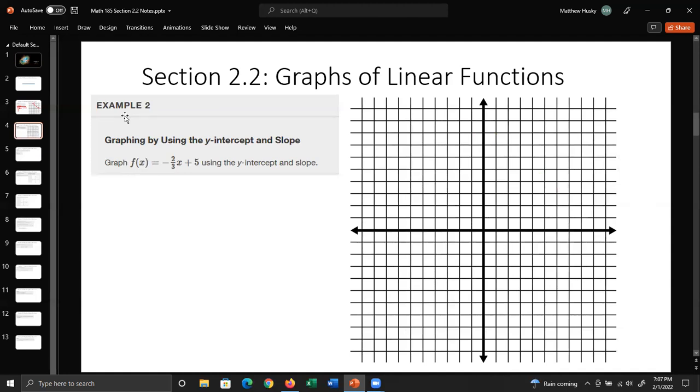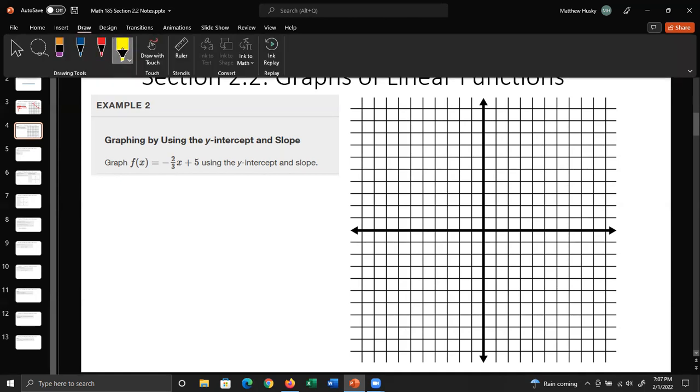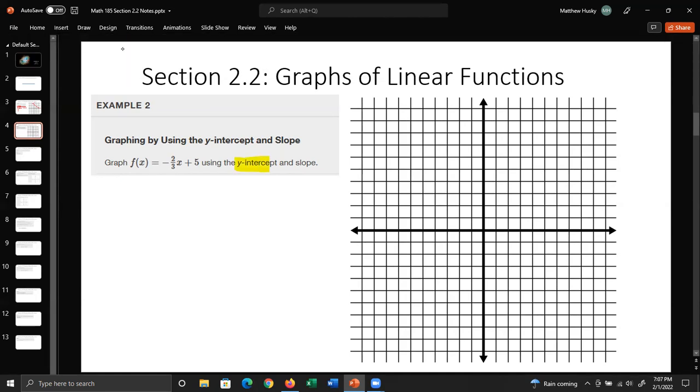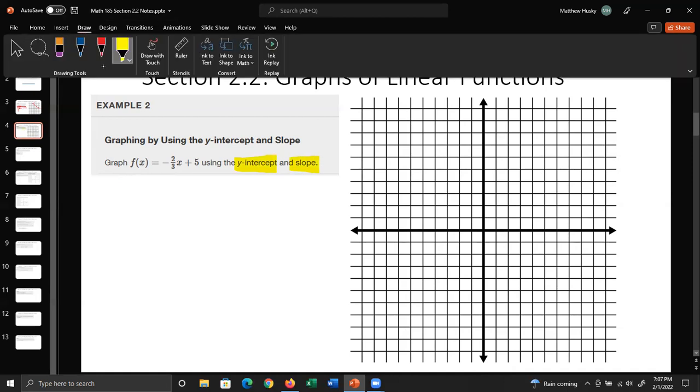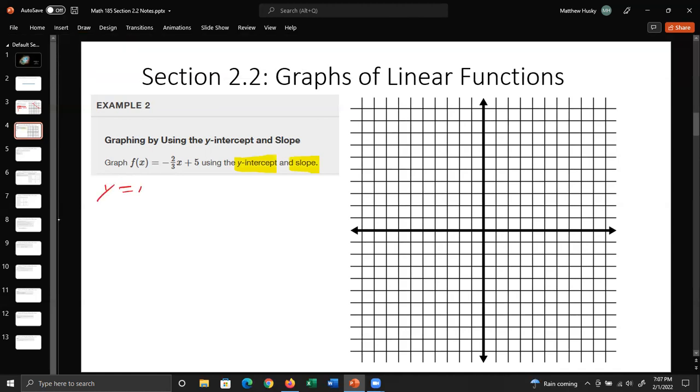Now, there's an alternative way to do this, and this is probably a method that's more familiar to many of you. What they ask us to do here, they give us an equation of a line. They want us to use the y-intercept and the slope. The formula is y equals mx plus b. B is the y-intercept.